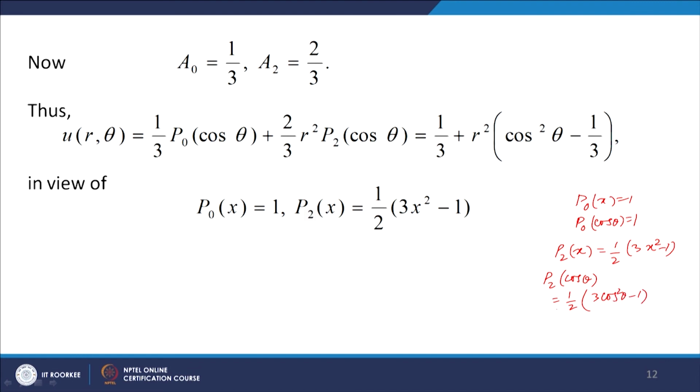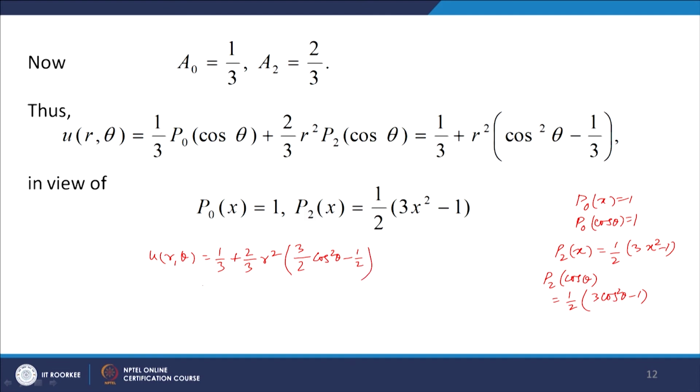So, let us put these values. u of r, theta will be equal to 1 by 3 (P0 cos theta is 1) plus 2 by 3 r square, and P2 cos theta is 3 by 2 cos square theta minus half.